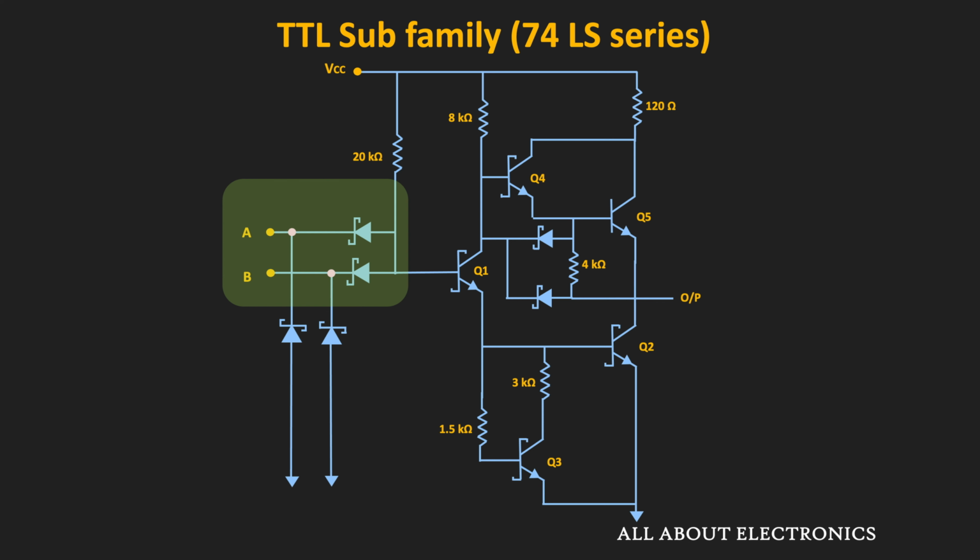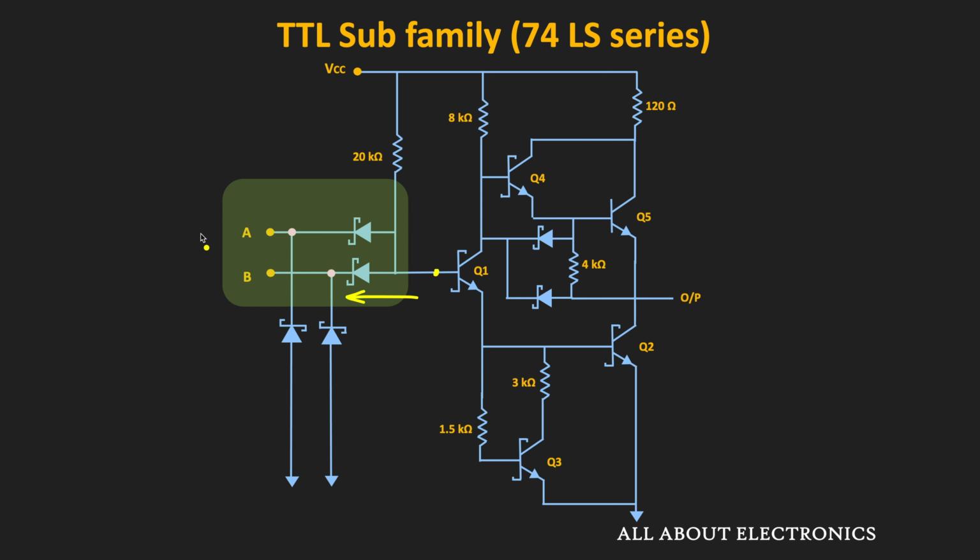And the second reason is that since we have the Schottky transistors, they are not going into saturation, and therefore the charge at the base of these transistors will also be less. So it can easily be removed with the help of these Schottky transistors. And therefore these two Schottky diodes are used for the two inputs.